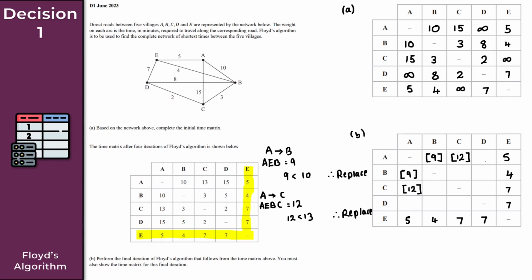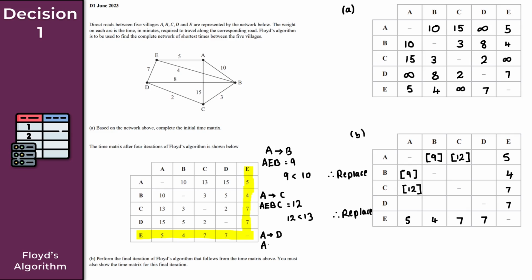Once I've done this value here of AD, I'll show you how this would work with the time matrix. So for AD, this is A to D. What route would I take here? I'm going to go from A to E because we need to go via E, and then we can go from E to D. So 5 plus 7 is 12.